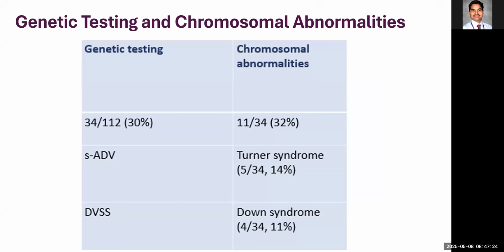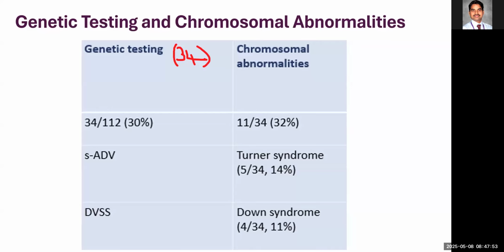We have offered genetic testing in all cases, out of which only 34 cases underwent prenatal invasive testing, and 11 cases were diagnosed with abnormality. In the simple agenesis category, there were 5 abnormal cases, and all 5 were Turner syndrome.